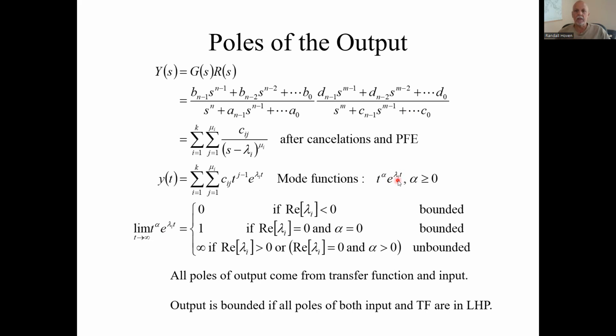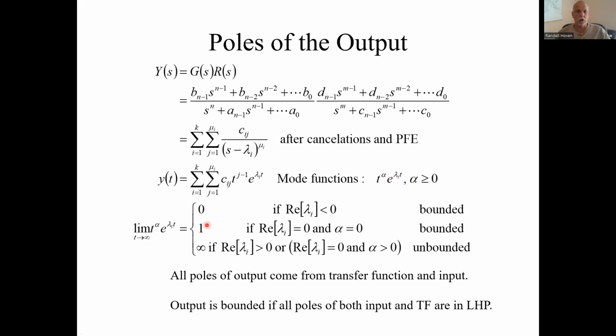If the real part of this pole is exactly equal to zero, this is a constant or a constant sinusoid, a sinusoid of constant amplitude. And if this alpha equals zero, this is a constant, so it stays bounded.